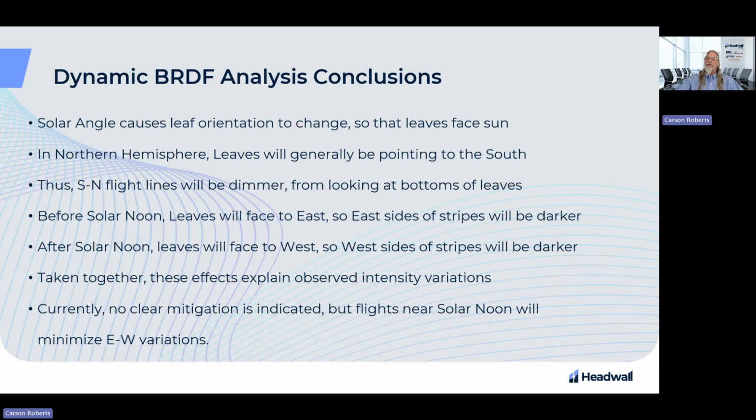And I don't typically think of grasses as having leaves that tilt, but I would say from this, they very clearly do. So all the leaves are going to be tilted toward the south. In the morning, they're going to be tilted towards the east, and the south, in the evening, they're going to be tilted towards the west. And these together explain most of the variations that we've seen.